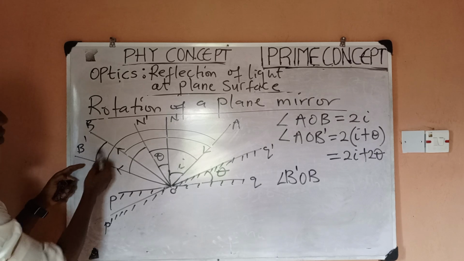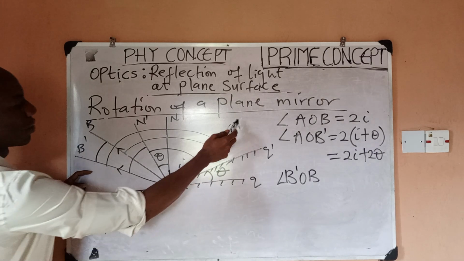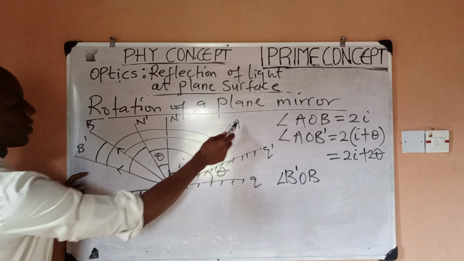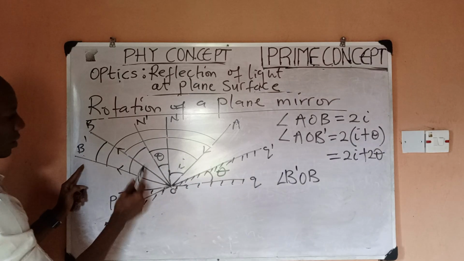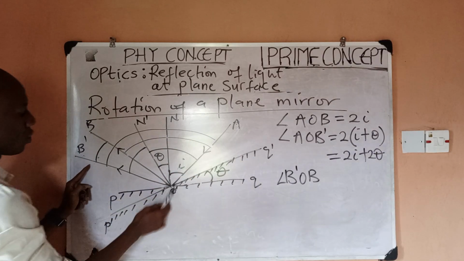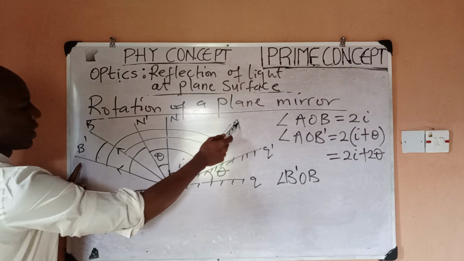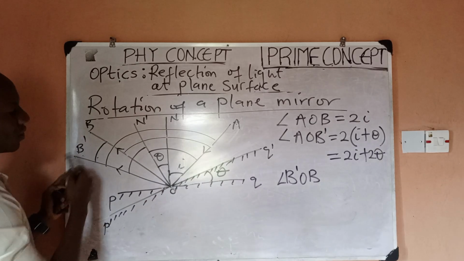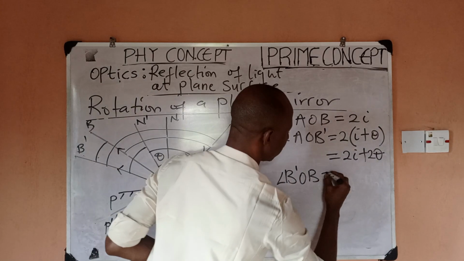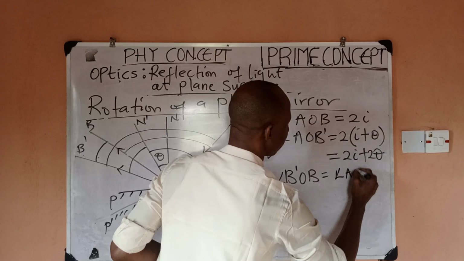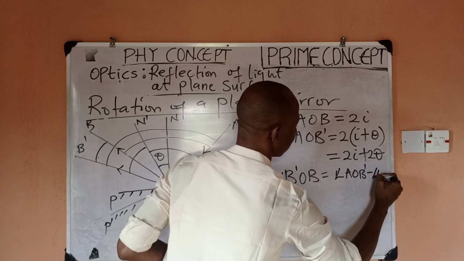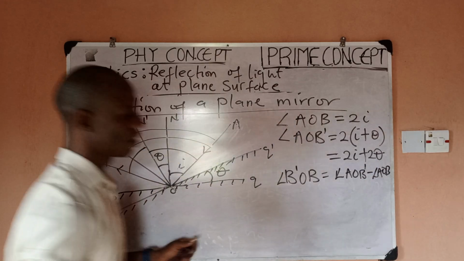This small angle is going to be angle AOB prime minus angle AOB. So this is how we can get this angle.